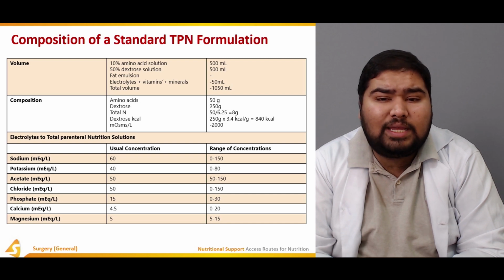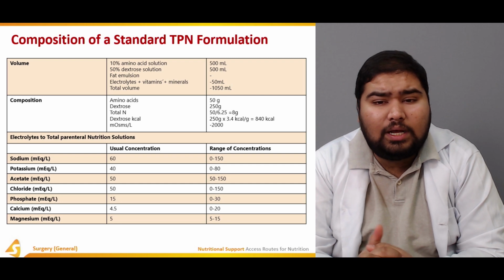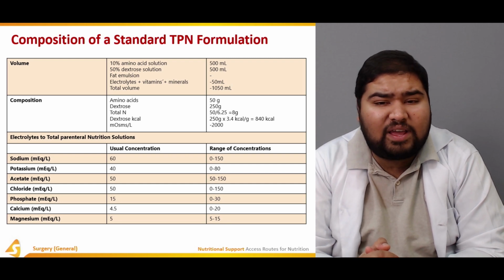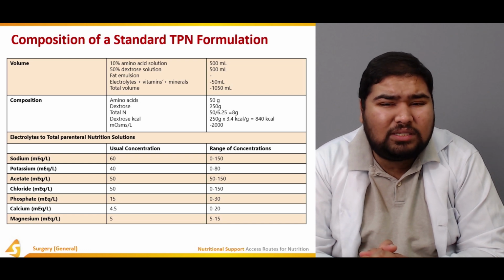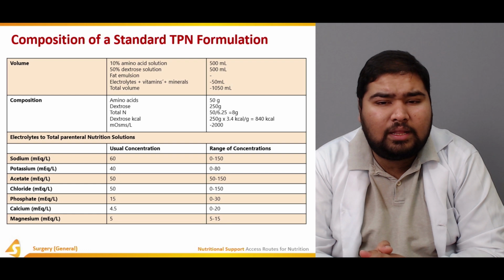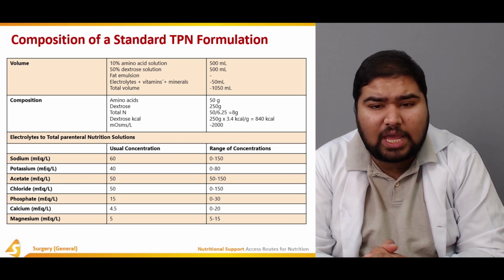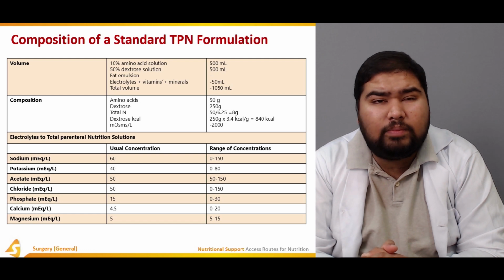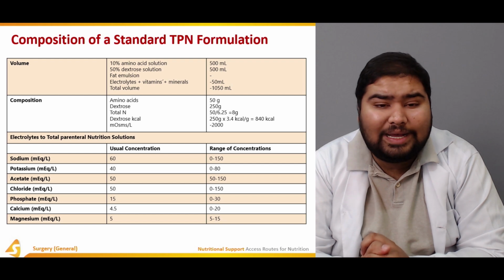Now 50% dextrose solution is the carbohydrate component. Both of these are 500 ml. Now there's fat emulsion in there. Then we have electrolytes, vitamins and minerals up to 50 ml. Now the total volume is 1050 ml, 50 ml more than a liter.